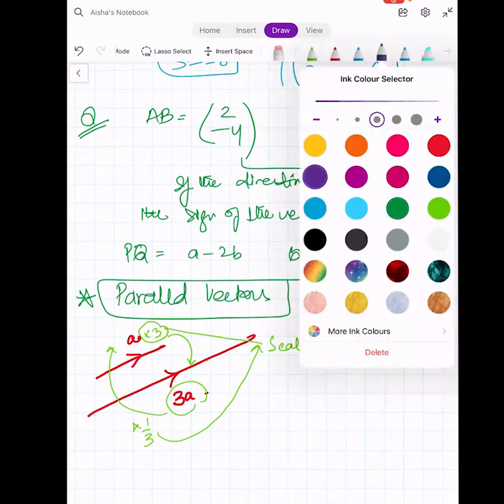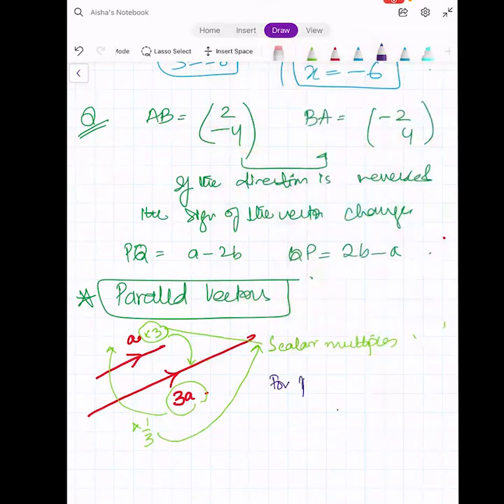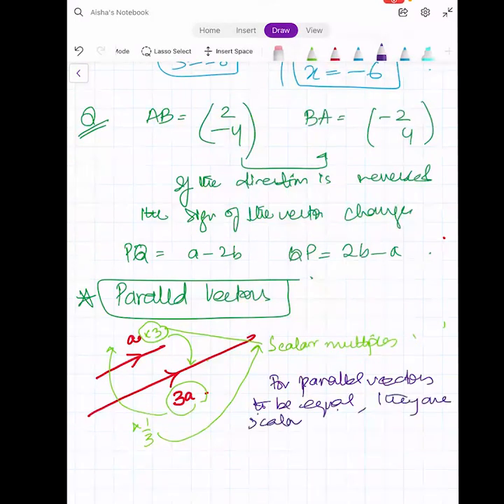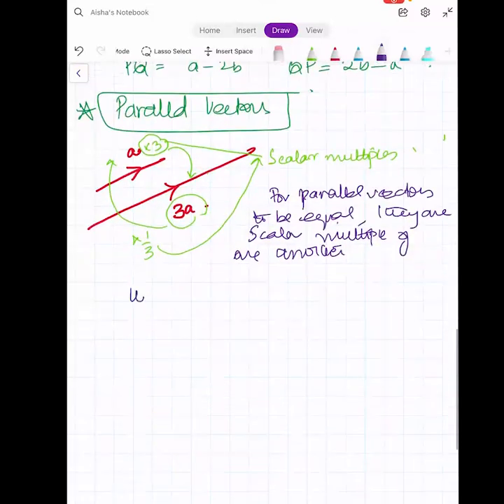And for parallel vectors to be equal, they are scalar multiples of one another. Meaning u vector is equal to k times v vector, or v vector is equal to k times u vector.